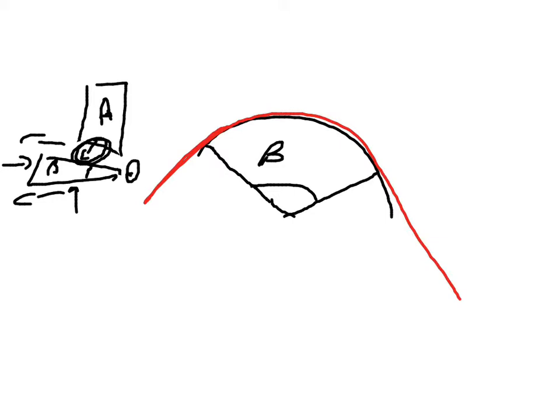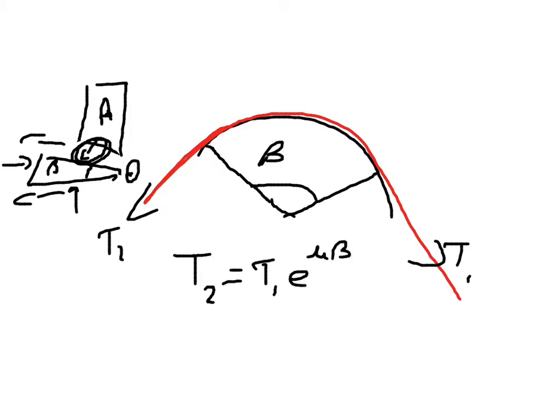And what we're saying is that if I'm pulling T2, T2 has to equal T1 e to the mu beta, where beta is the angle in radians of contact and mu is the coefficient of static friction between the belt and the surface it's lying on. The main thing to remember is to use radians for beta.